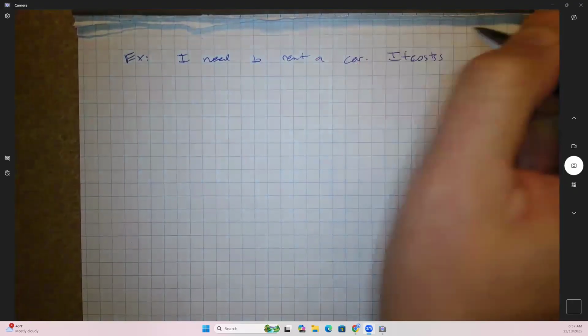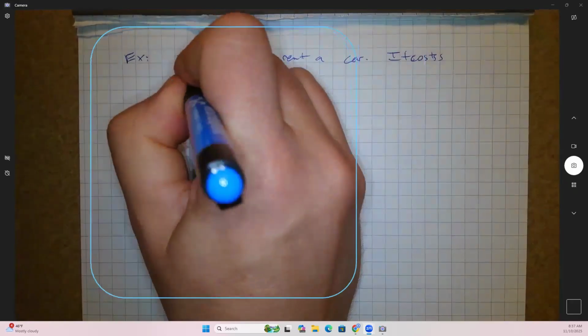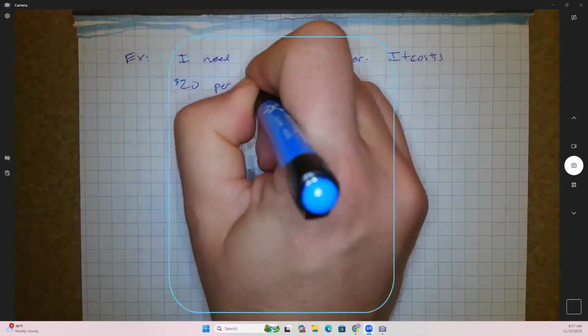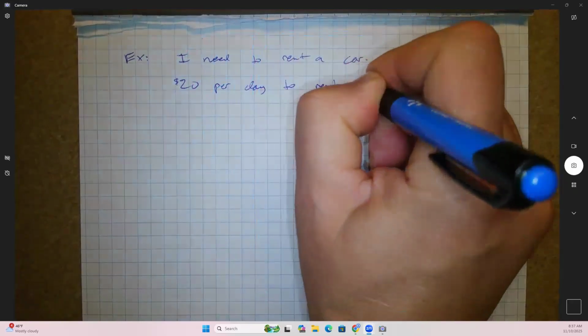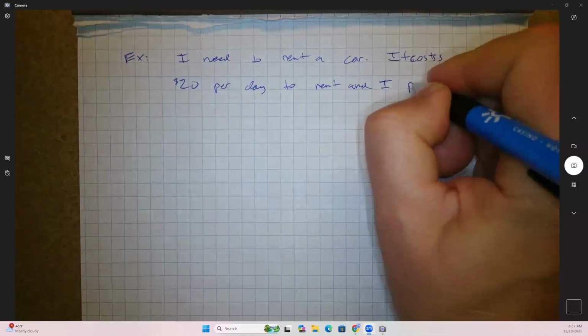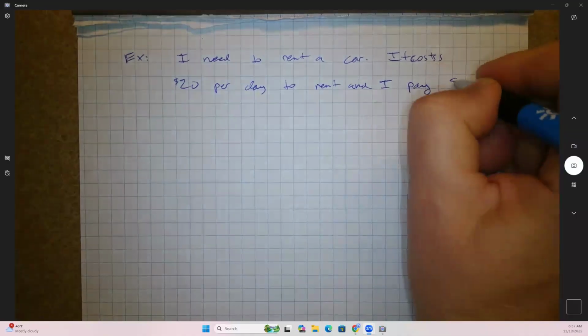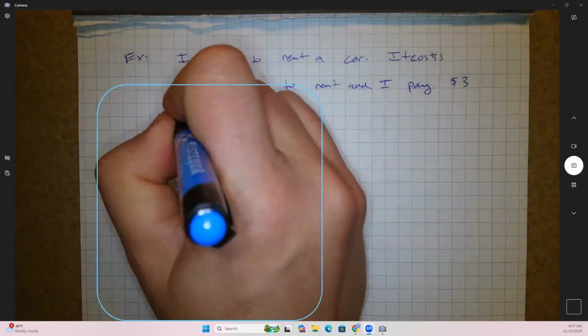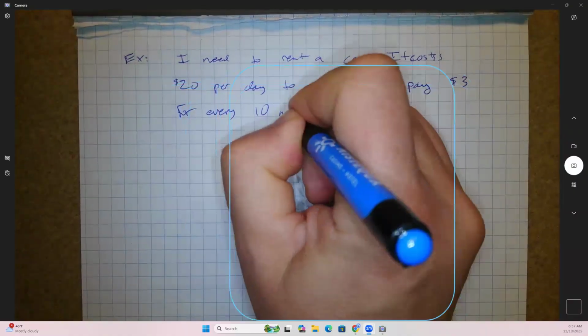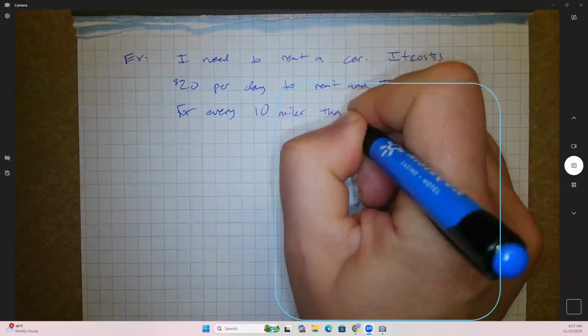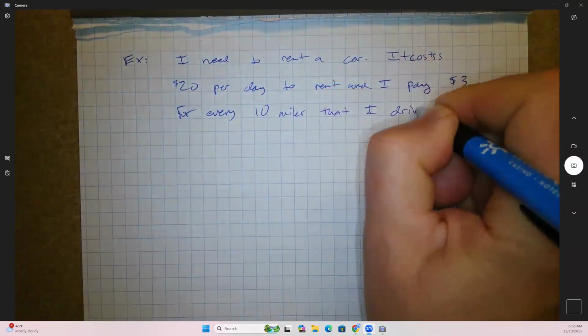It costs $20 per day to rent. And I pay $3 for every 10 miles that I drive.